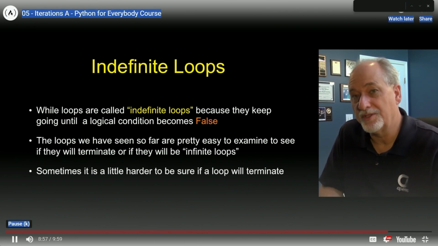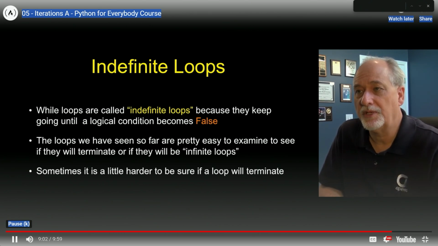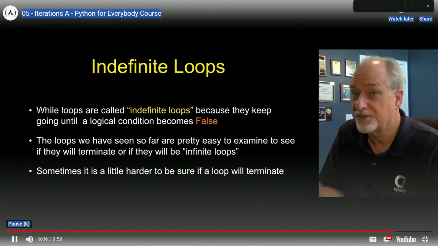So these loops that we've been drawing so far, the ones that use while as their keyword, are called indefinite loops. That's because they go for a while, till a break hits or until some value becomes true, as long as that value remains true.